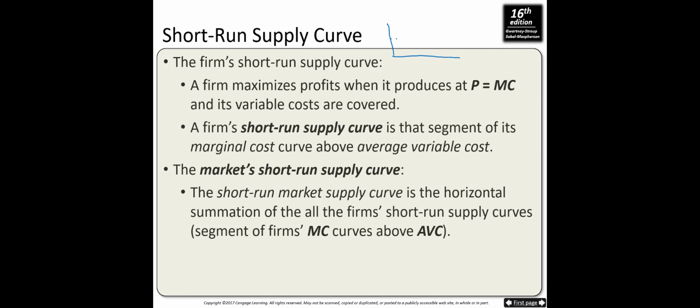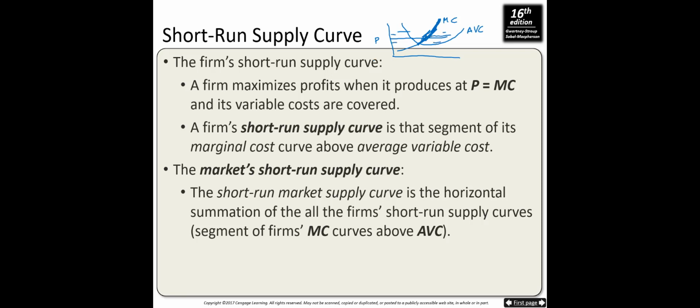The market price, let's say, is P, and this is the marginal cost, and this is the average variable cost. The firm will not operate anything below the average variable cost. So anything above here is the short-run supply curve of the firm.